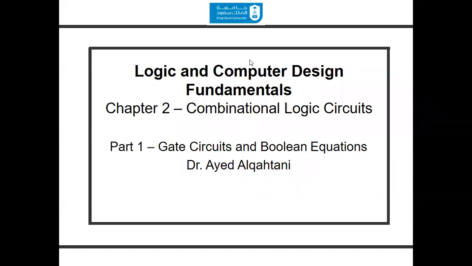This is Logic and Computer Design Fundamentals. And in Chapter 2, we will talk about combinational logic circuits. It has two parts. In this part, we will investigate the gate circuits and Boolean equation.